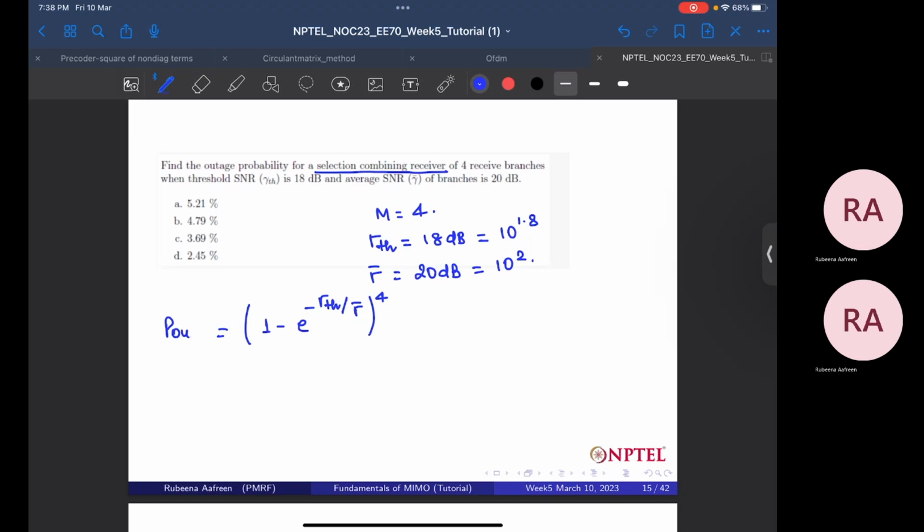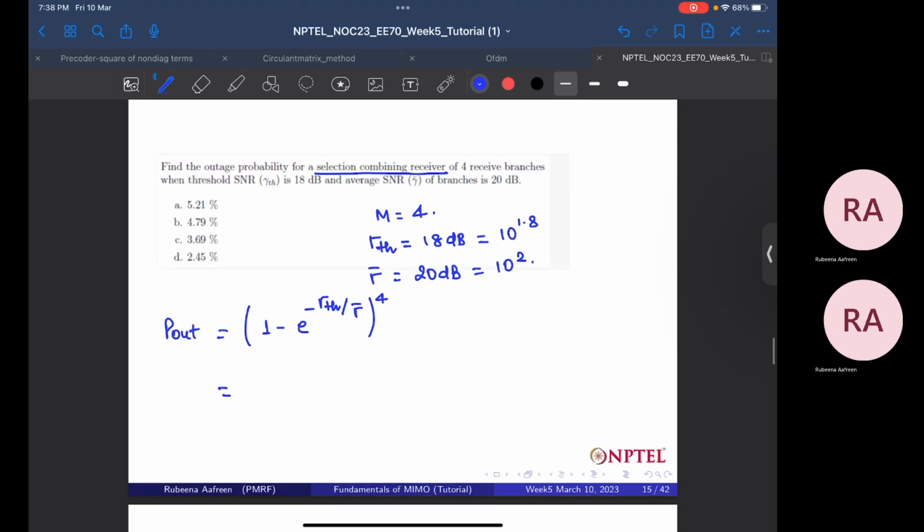So this should be the outage probability. If we calculate it, it will go as (1 minus e to the power minus 10 to the power 1.8 upon 10 to the power 2) to the power of 4. When you calculate it, it will come as 0.0479. So the outage probability is 4.79%.